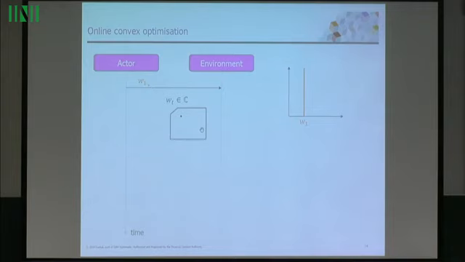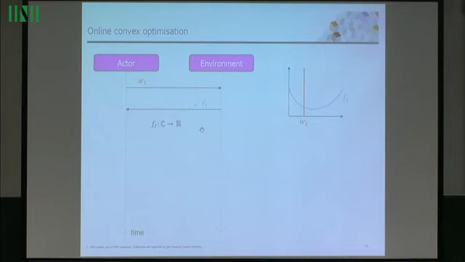And so, we say, this is what we did, and then the environment responds, and it says, here's a loss function. In principle, in the full OCO setting, we can actually see all of this function, not necessarily just the point at which we actually acted. And then we continue.